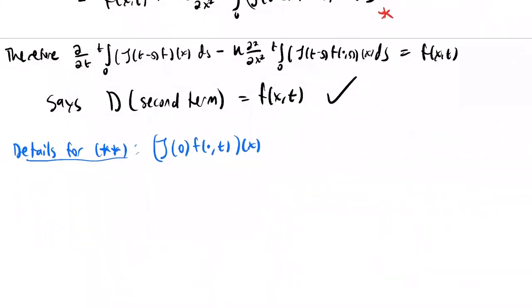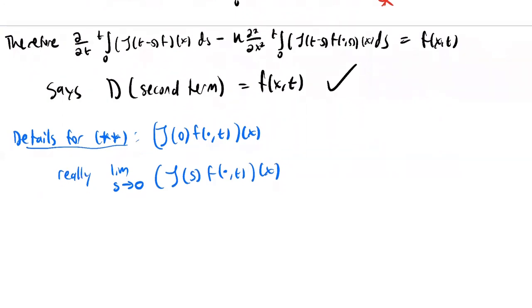And so this is really interpreted as the limit as s goes to 0, not t. Remember, s was the other time variable, right? So this is really interpreted as the limit as s goes to 0 of the solution operator s applied to the function f at time t.